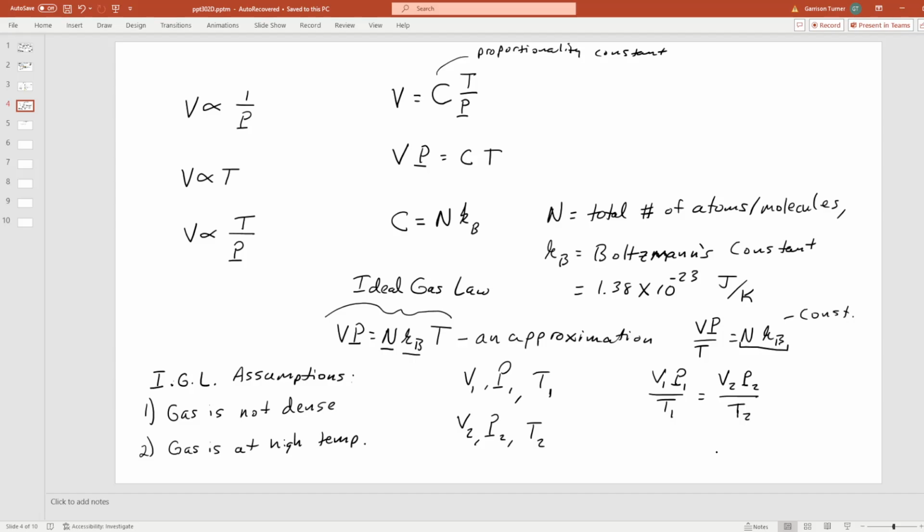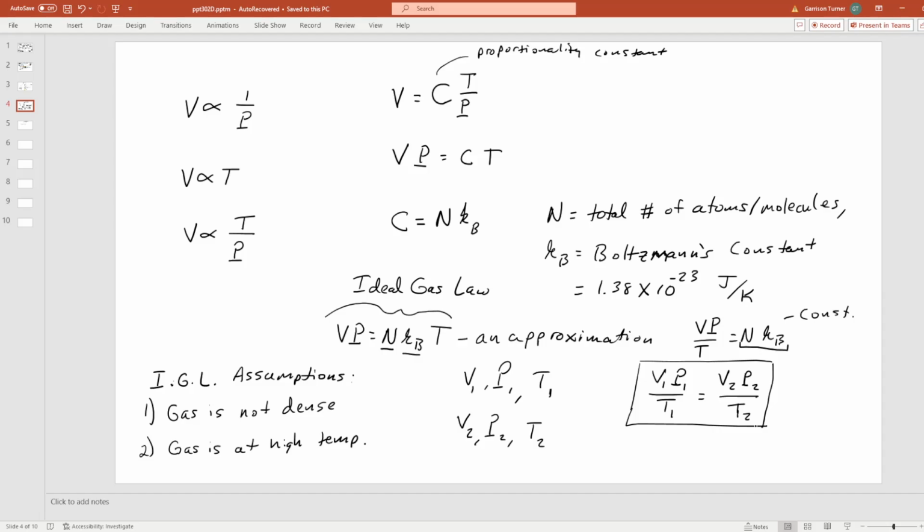And there we have a relationship that allows us, if we know the initial pressure, volume, and temperature, and we know two of the secondary quantities, to calculate the remaining one.